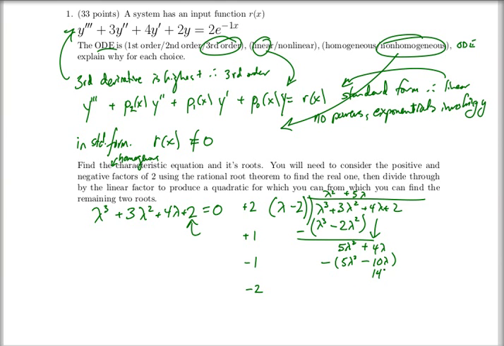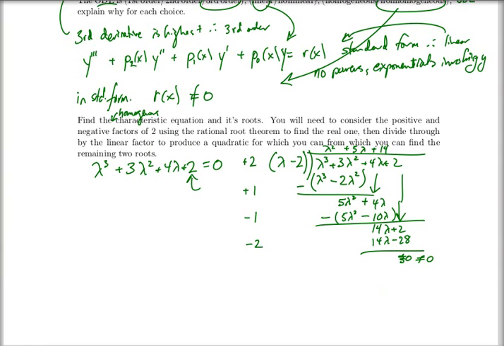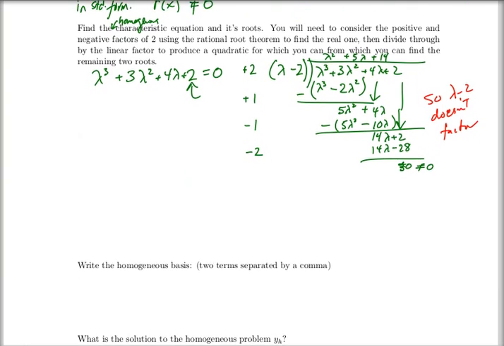So this goes to 14 lambda plus 2. No, sorry, that is going to be 14 lambda minus 28. That is not equal to 0. Not equal to 0. That's the one that doesn't work. So lambda minus 2 doesn't factor. Let's try another one before we run out of room.